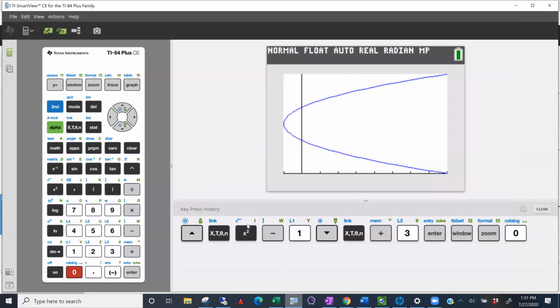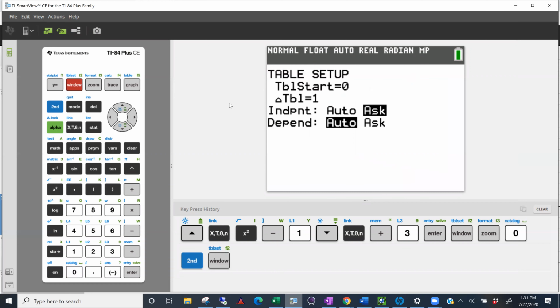Let's take out our graphing calculator and just check one of the settings first. So if you hit the second key, then the window key, make sure your table setup matches this, that you have independent set to ask, dependent set to auto. If it's different than that, change it.